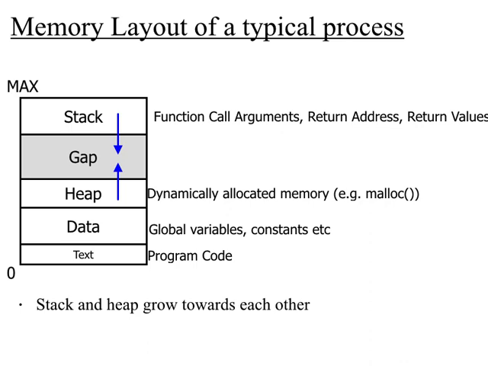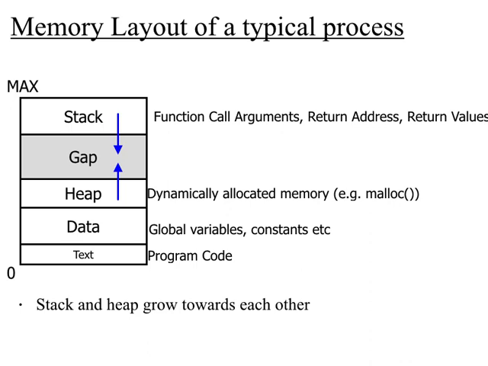Again, the details vary from operating system to operating system, but generally all processes have a text area which refers to the executable instructions. And then there is statically assigned data which is allocated at the time the process starts running. These statically allocated data may include things like global variables, constants, and so forth.